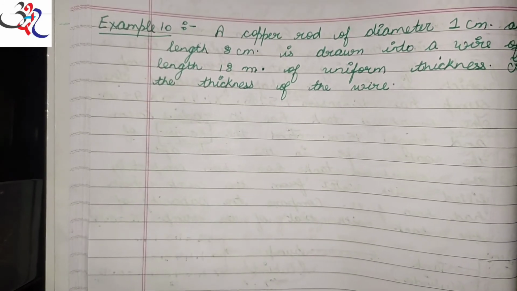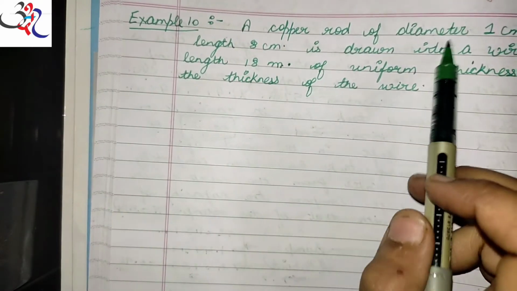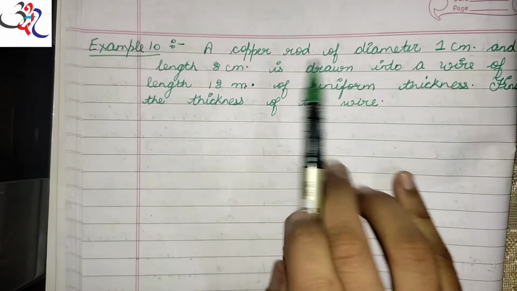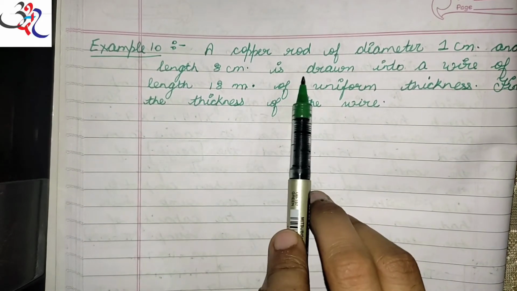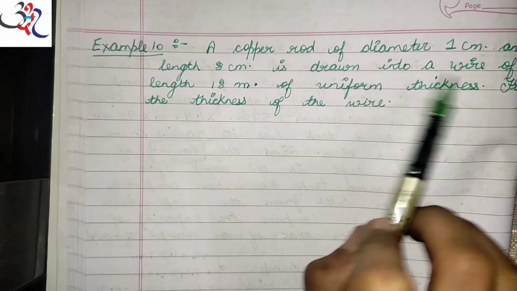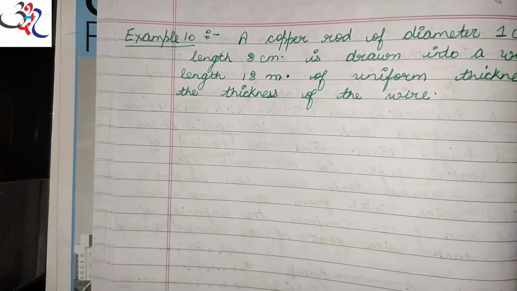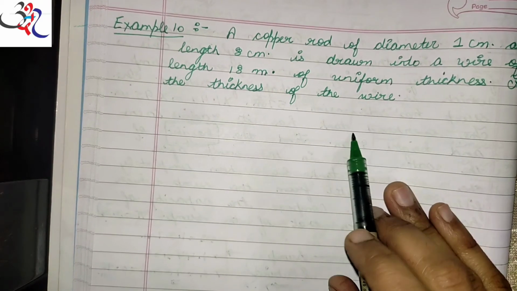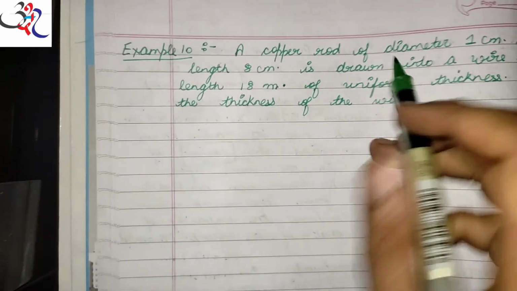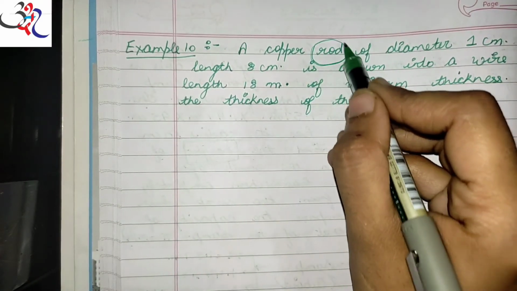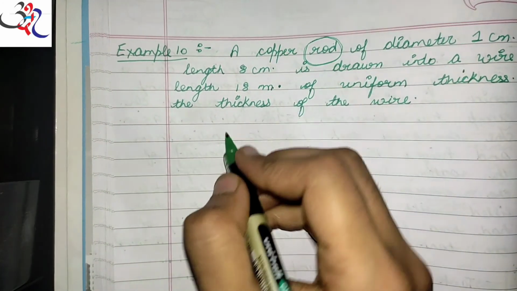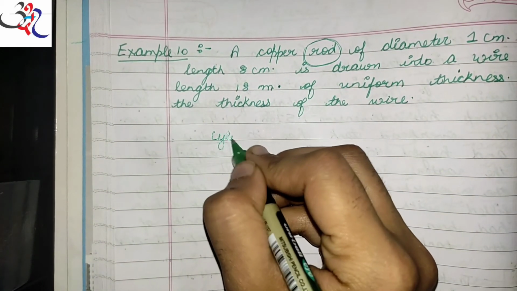Example number 10. Example number 10 is what? A copper rod of diameter 1 centimeter and length 8 centimeter is drawn into a wire of length 18 centimeter of uniform thickness. Find the thickness of the wire. Generally the rod which you have seen in life is in the shape of a cylinder.